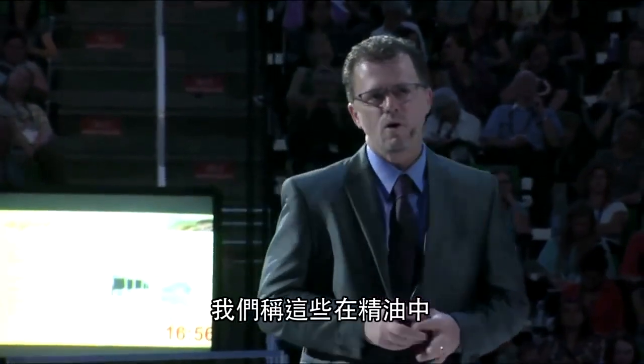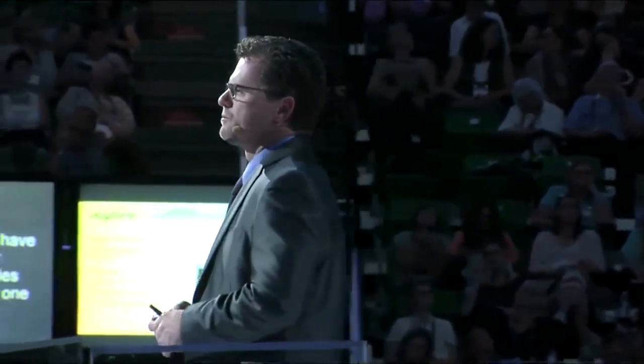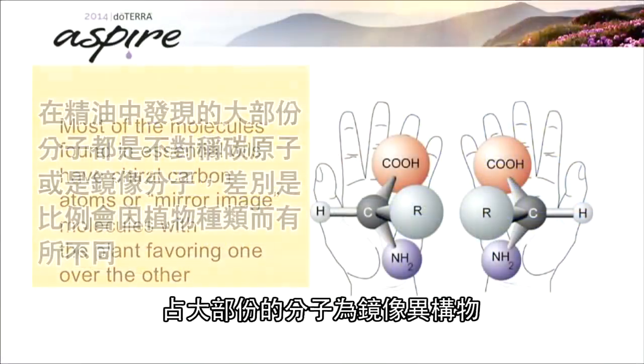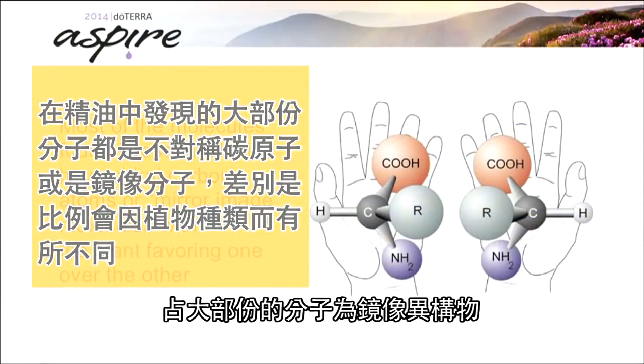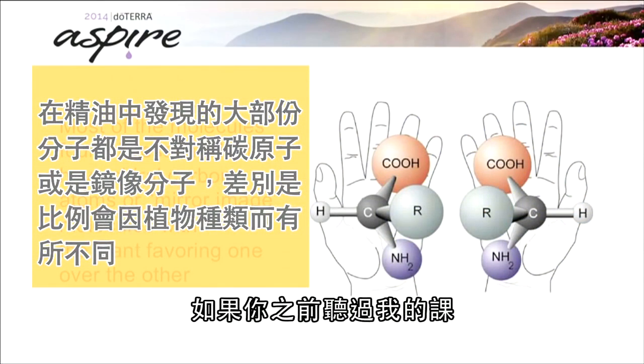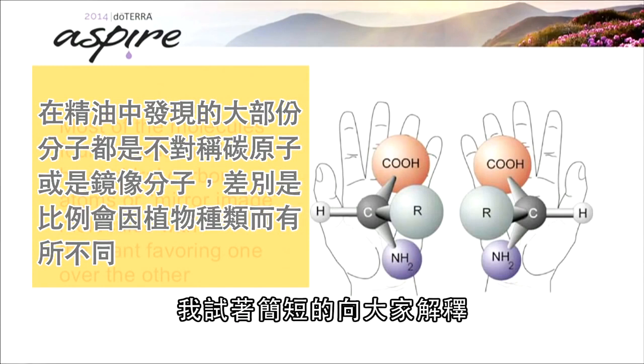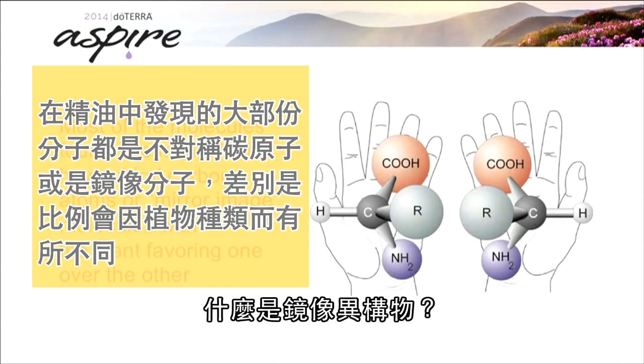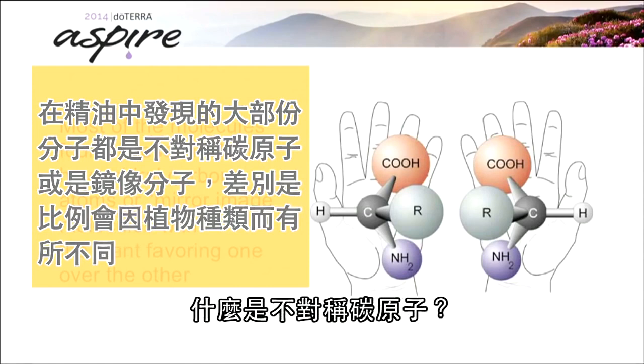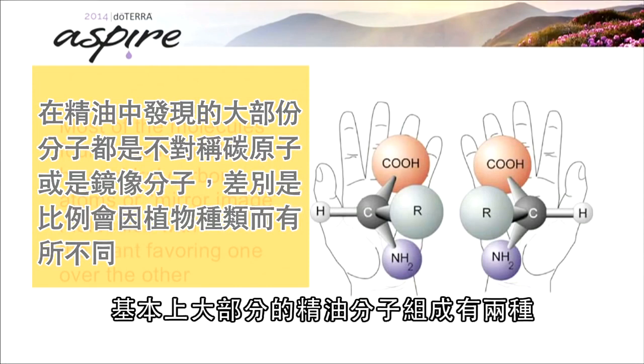Now, most molecules in essential oils have what we call enantiomers. And if you've heard me talk before, you've probably seen this slide before where I try to briefly explain what an enantiomer is and what a chiral carbon atom is. Basically, most essential oil molecules are produced in two forms.